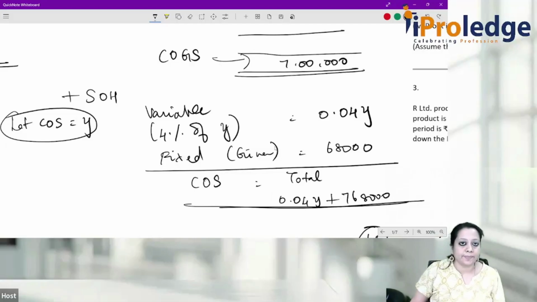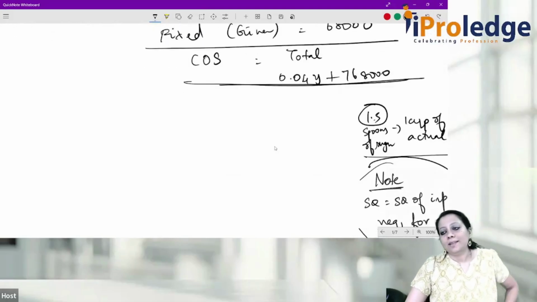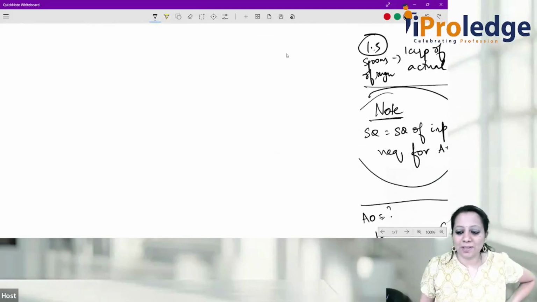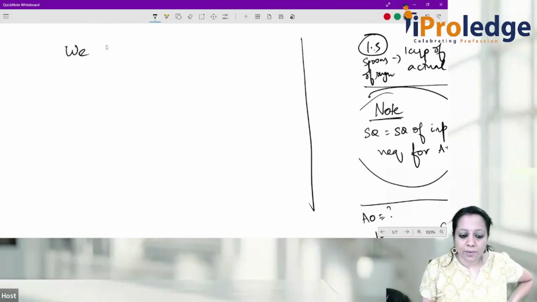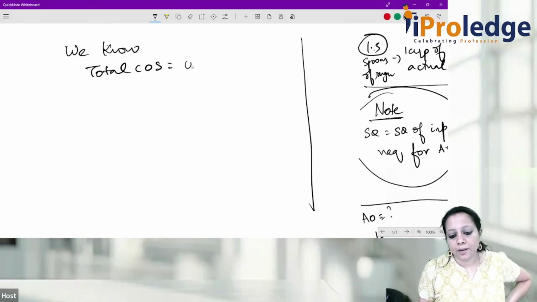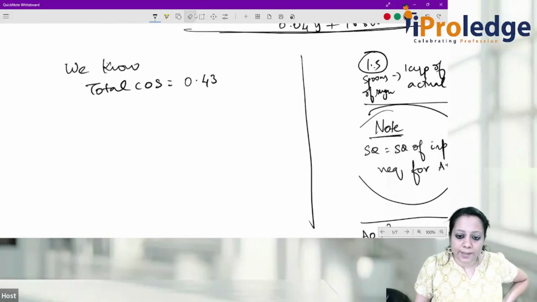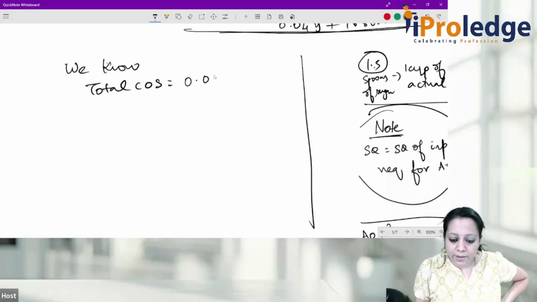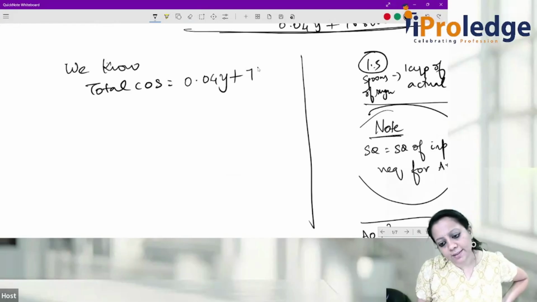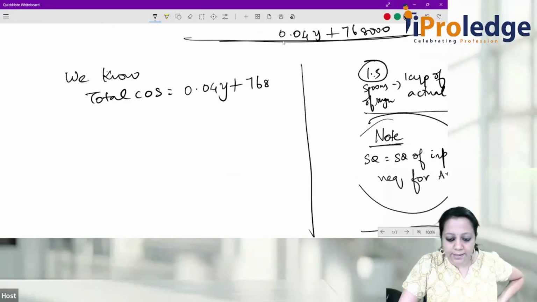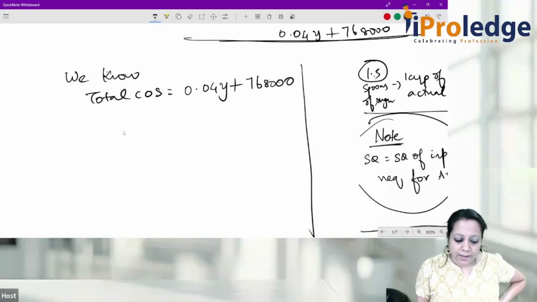COGS to COS. Same concept again. We know total of COS is equal to 0.04 Y plus 7 lakh 68,000.